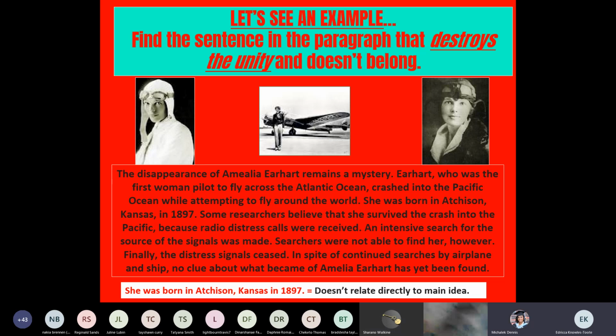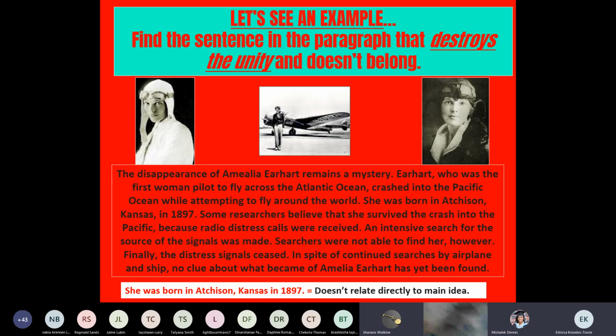Okay, let's see if they're going to get this one. Yes, very good. What is the topic sentence in this paragraph? Let's look at that.